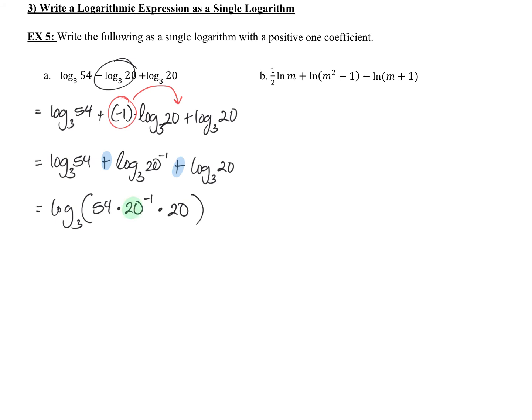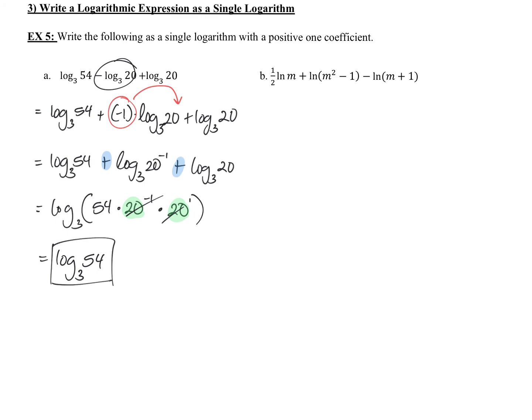Well, these two 20s have the same base, so we'll add the exponents, and that'll be -1 plus 1. So they'll cancel out, and we're going to be left with log base 3 of 54. Now let's think of our checklist again. Remember, we're doing the condensed version, so we should have no addition of logarithms. We don't have that. And all exponents should be put back up. Well, this fits that description, so we'll go ahead and box this off. This is our answer.